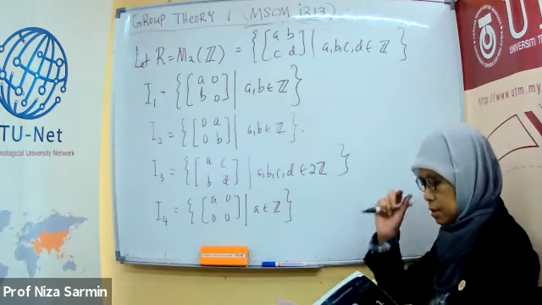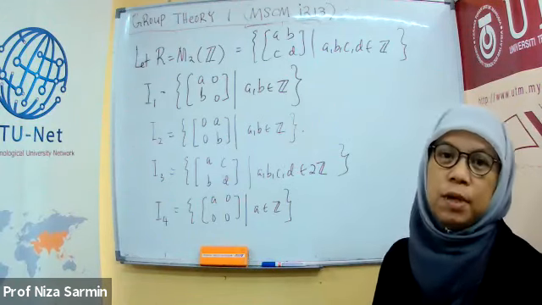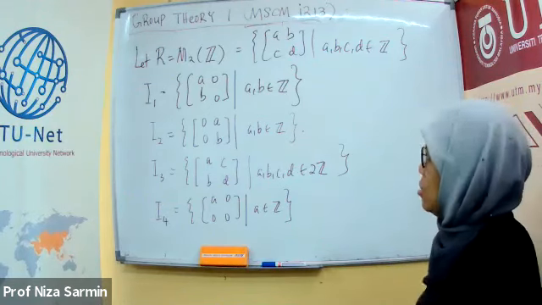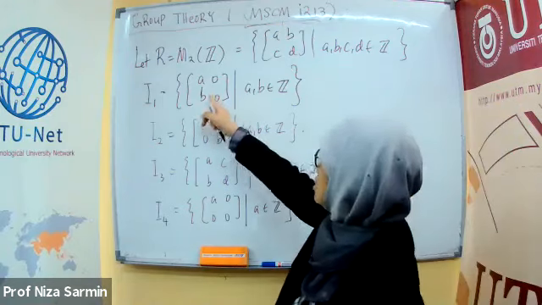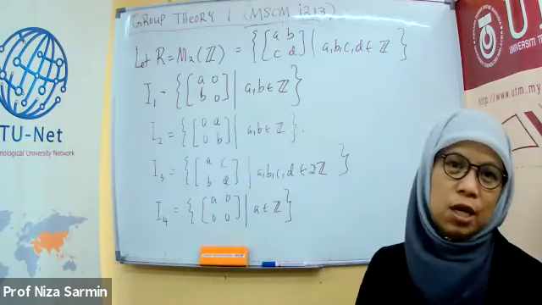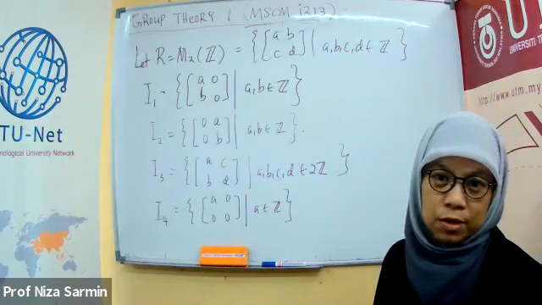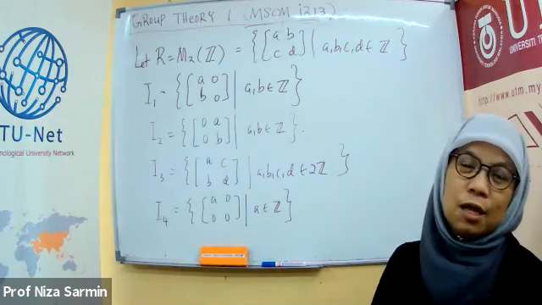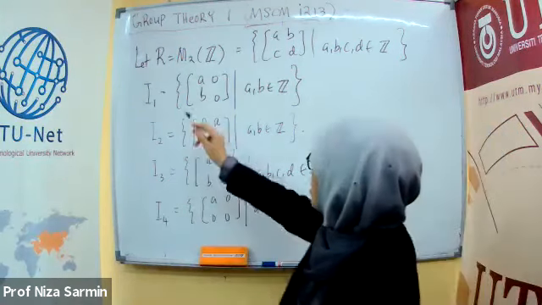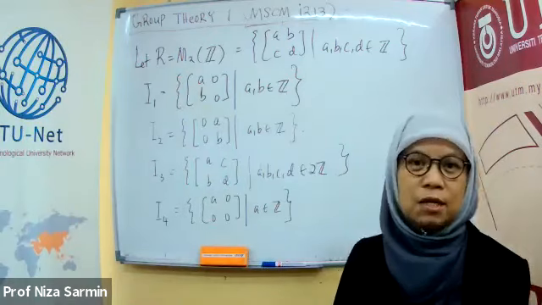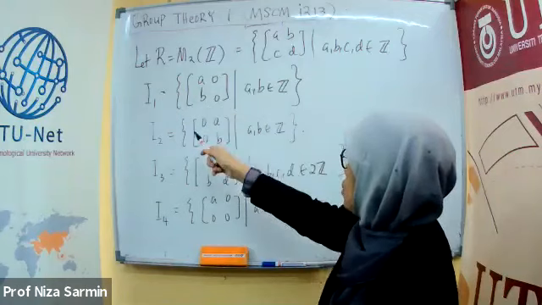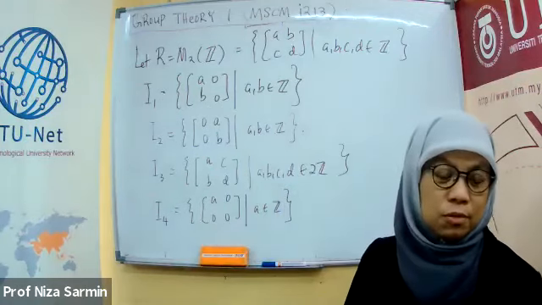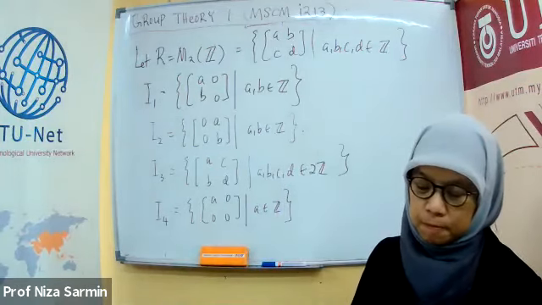Now first, they cannot be empty. You can put any integer, even when A, B are 0, right? A ring is an abelian group, so the zero matrix is in all of them. So first, it is not empty.